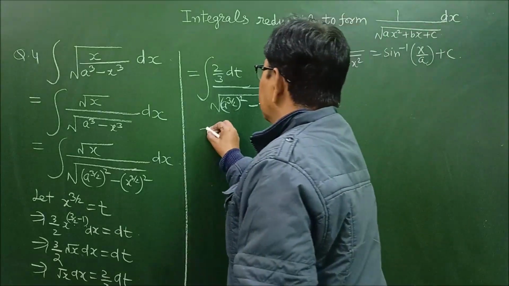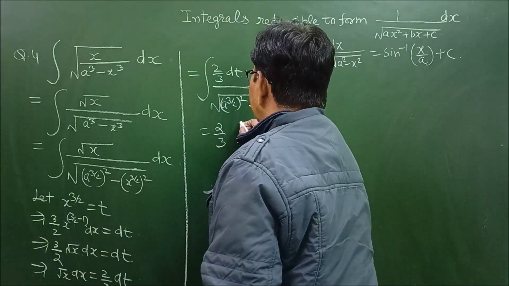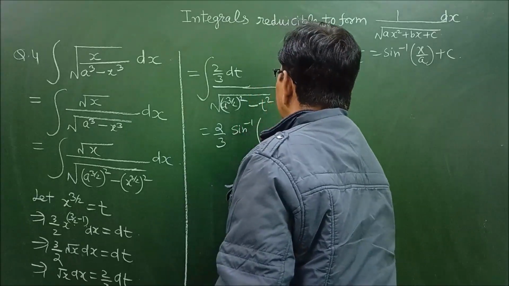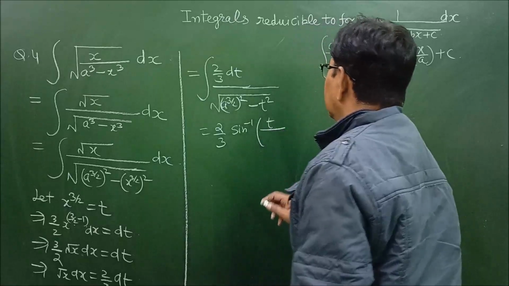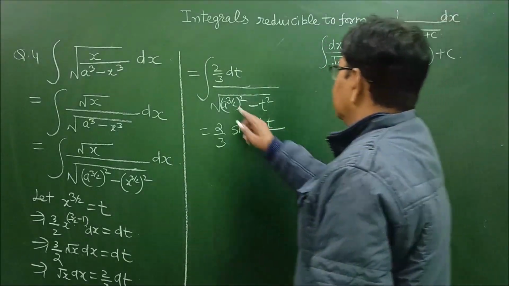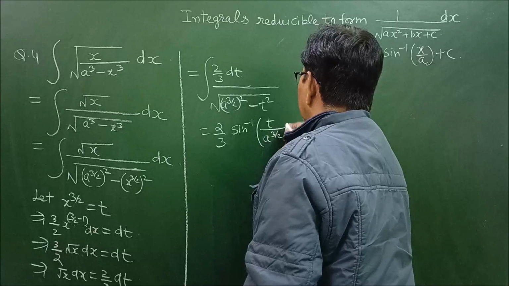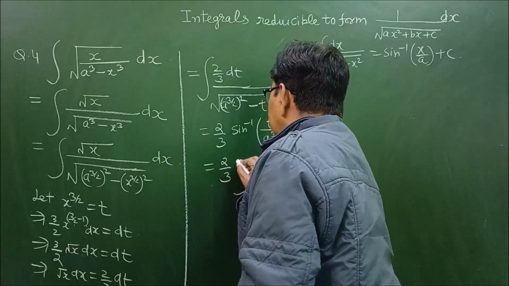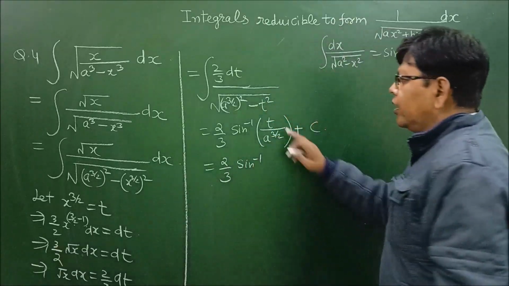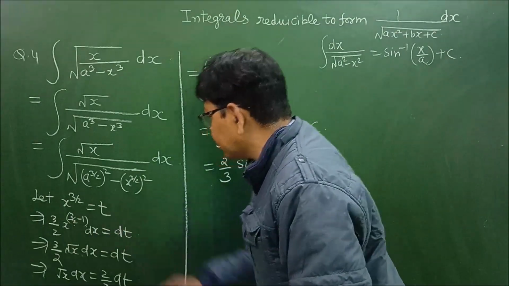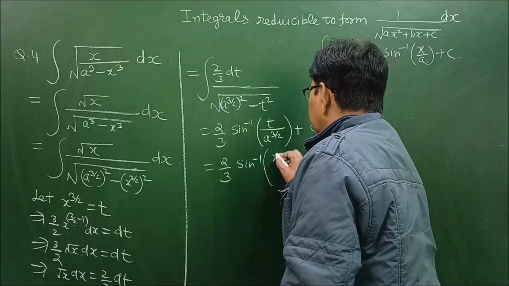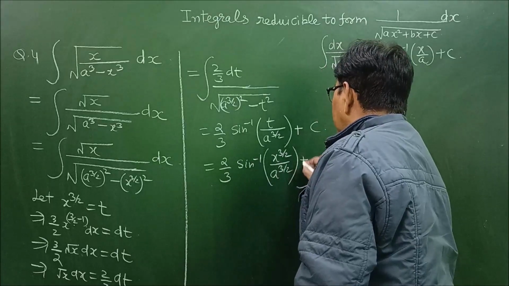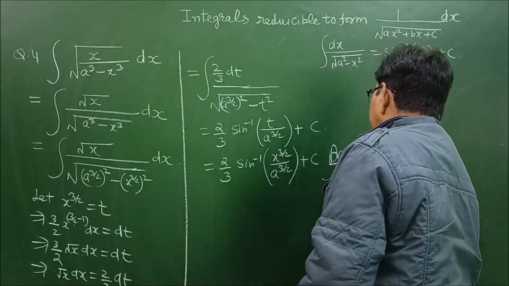So this can be written as 2 upon 3 sine inverse t upon a raised to the power 3 by 2, plus c. So this is equal to 2 upon 3 sine inverse of x raised to the power 3 by 2 upon a raised to the power 3 by 2, plus c. This is the final answer of this question.